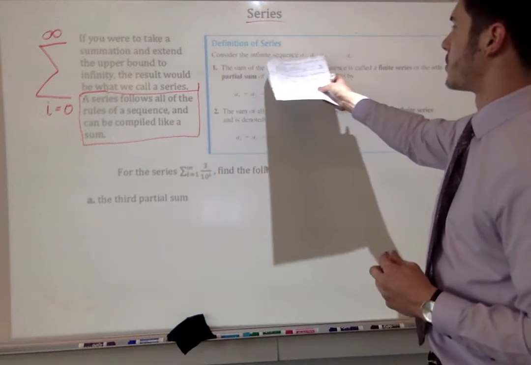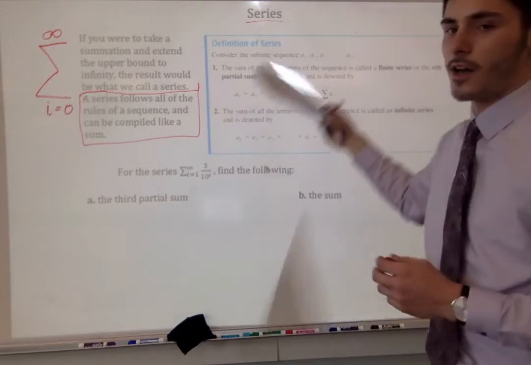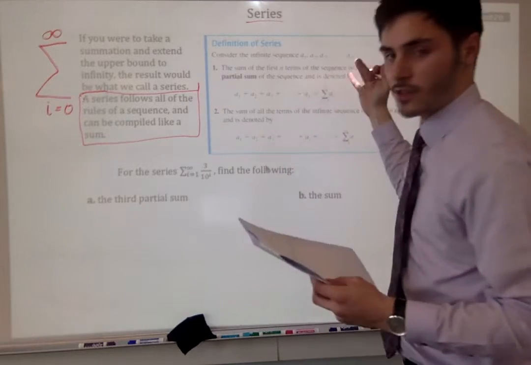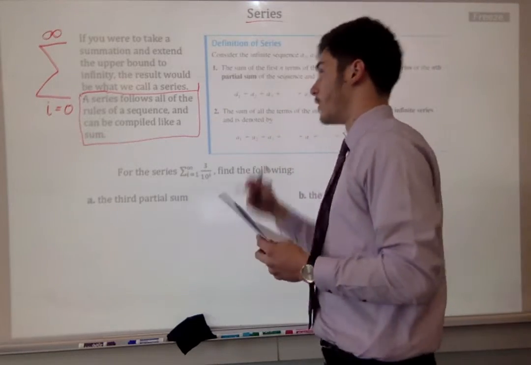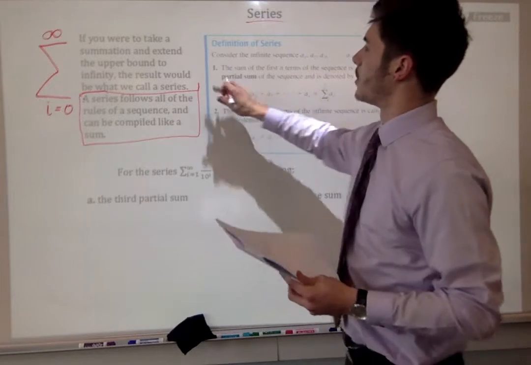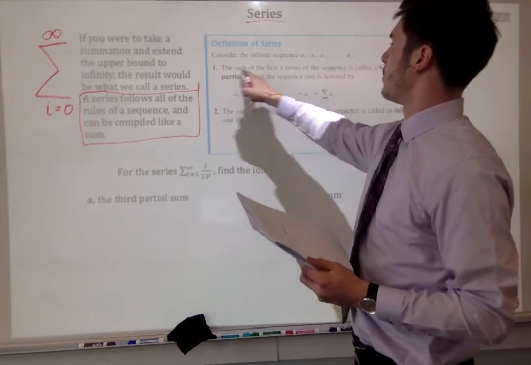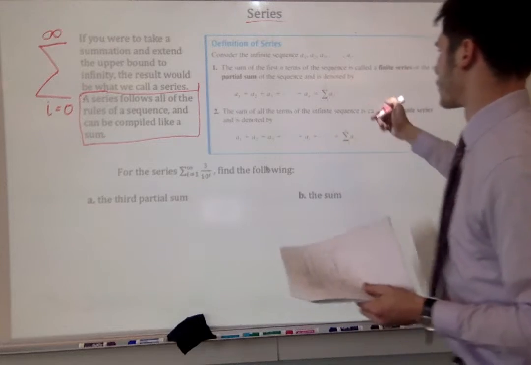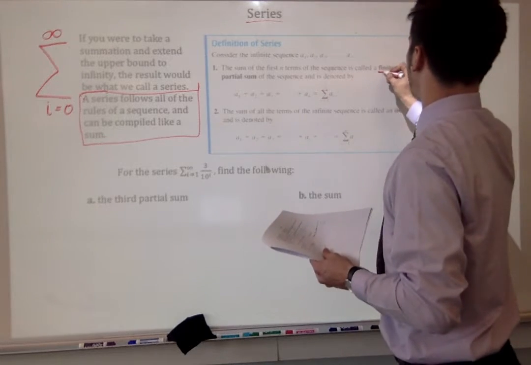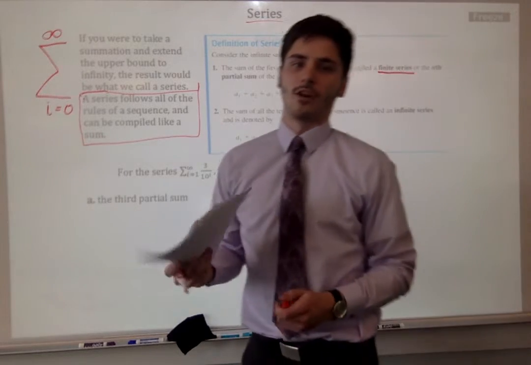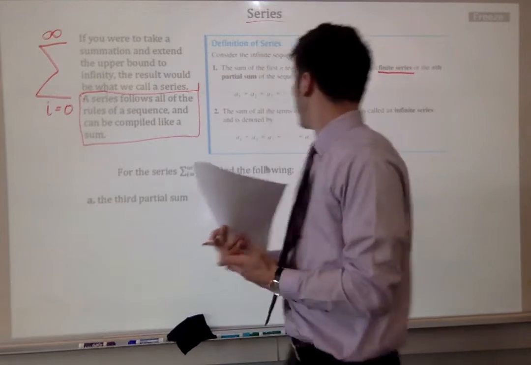Consider the infinite sequence A1, A2, A3, dot, dot, dot, A sub I, and dot, dot, dot, and so forth. If we have a series like this, then we know two things. We know that the sum of the first n terms of the sequence is called a finite series because we have a finite set of numbers that we're combining together.